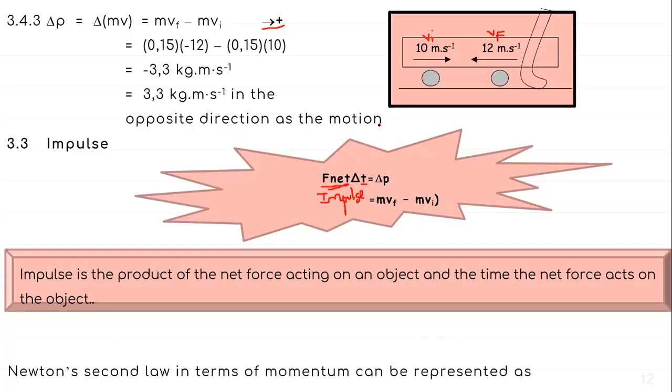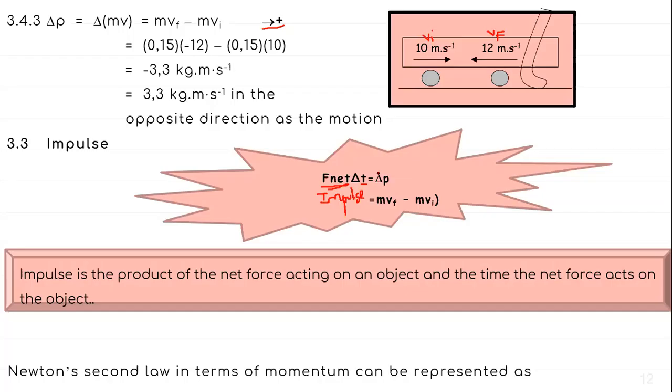Now from this formula of impulse, we can see that we have F net, and we can try and state Newton's second law in terms of momentum, because there's a relationship between F net, the time the net force is acting on the object, as well as the change in momentum.